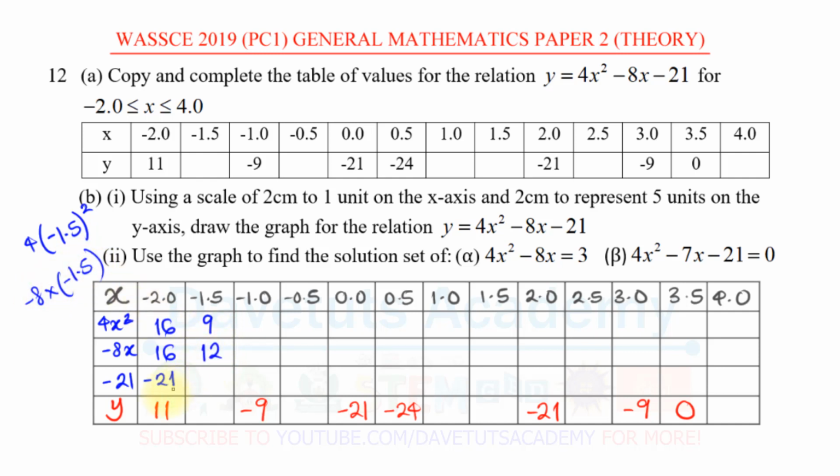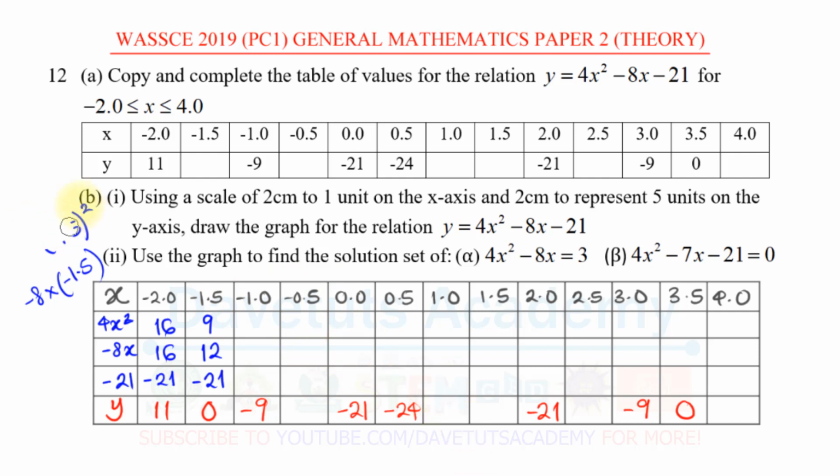That's how you work minimally without engaging the calculator again and again. And here we have minus 21, a constant that we need to repeat. So we need to add all of these 3 so that we can get the value for y. 9 plus 12, that is 21. 21 minus 21, this is 0. All right, so that is how to go about getting this particular value.